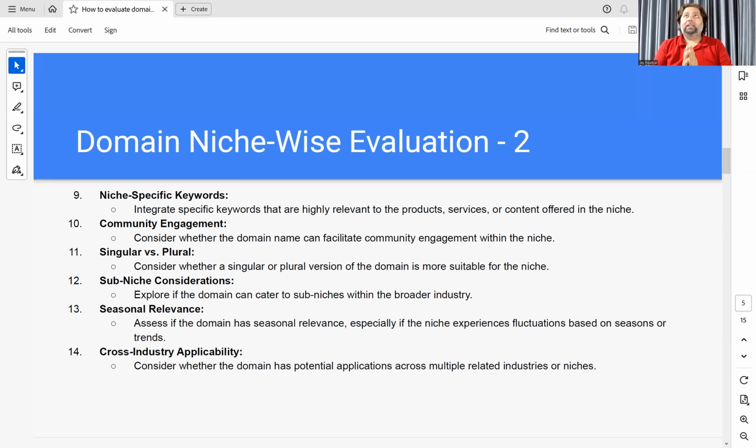But for the beginners, I always say stick to .com. If you have passed 12 to 18 months in the domaining industry and you are able to sell some domains, then you can try different ccTLDs, the country code extensions of other countries.